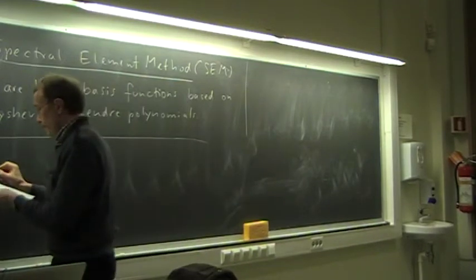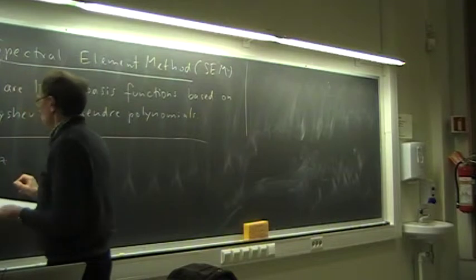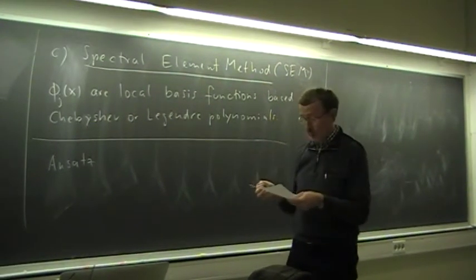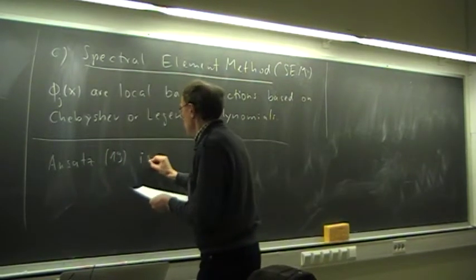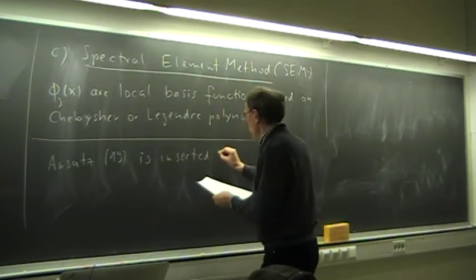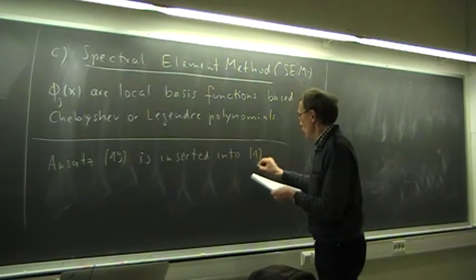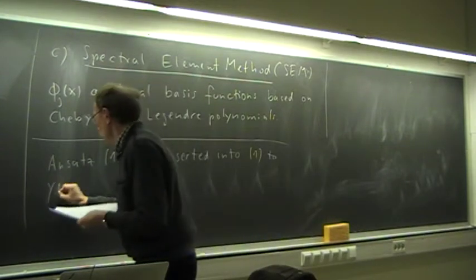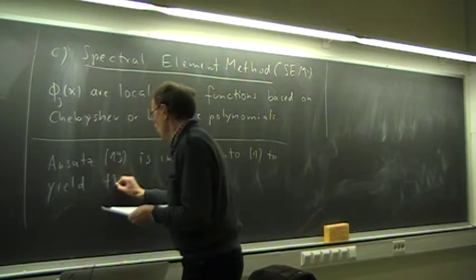So that means the ansatz, that is the form of the numerical solution that we assumed, 19, is inserted into, in that case it was the ODE 1, and then it will yield something that is related to what we're discussing here, the residual.